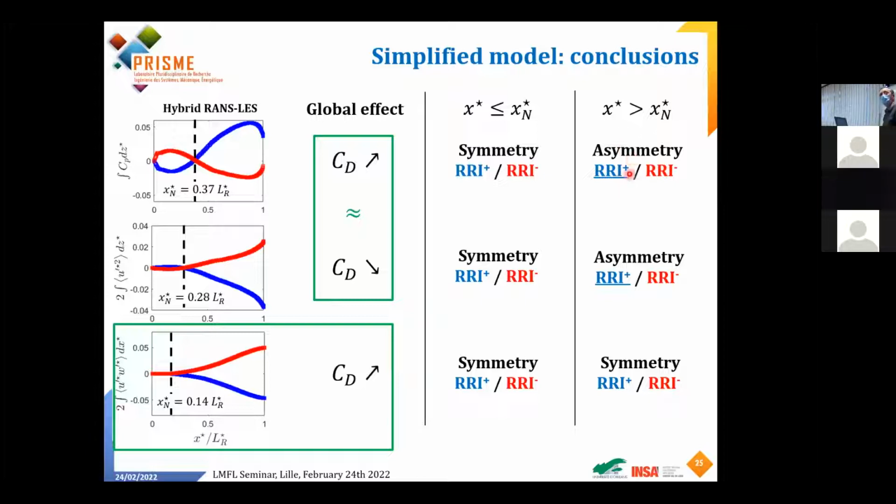And since this upper part is dominant, maybe I will change what's happening for the drag. That was the philosophy. Whereas if we look to the last term, which is very different from the others, we still have symmetry even after the neutral points.